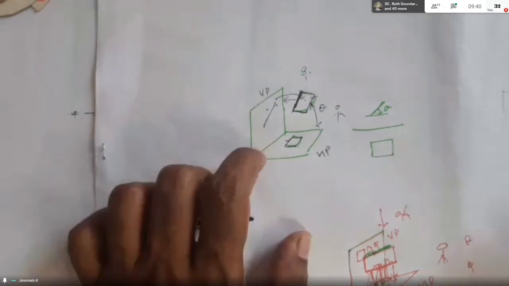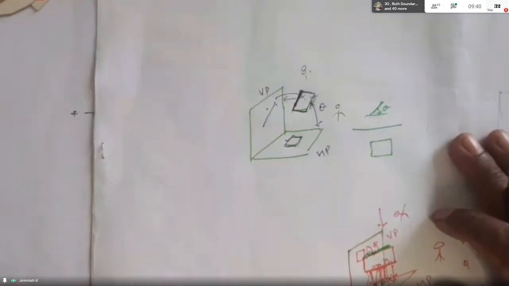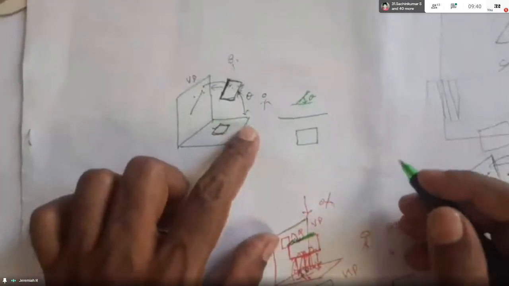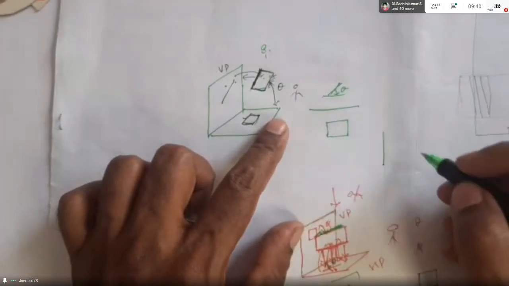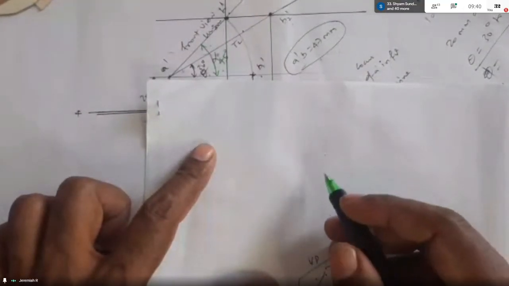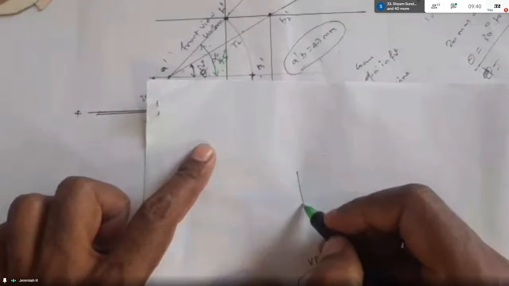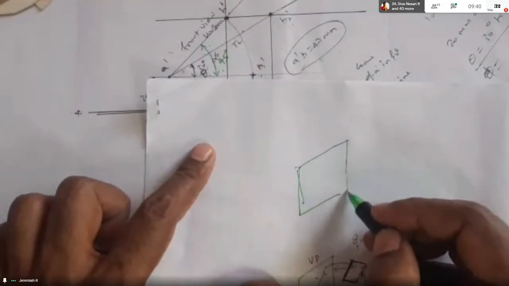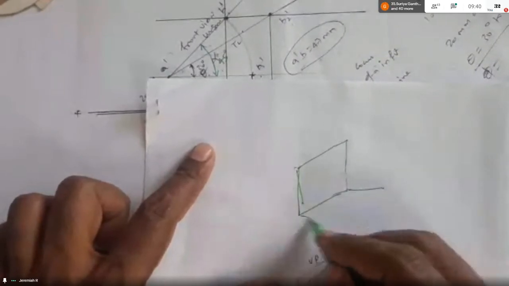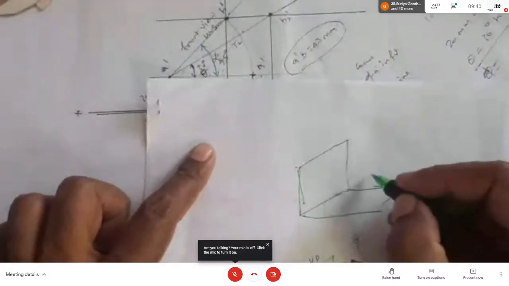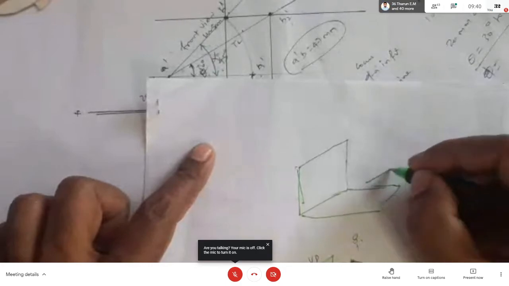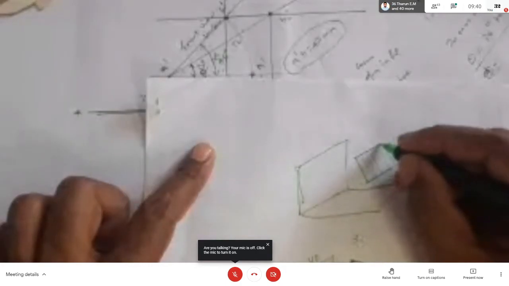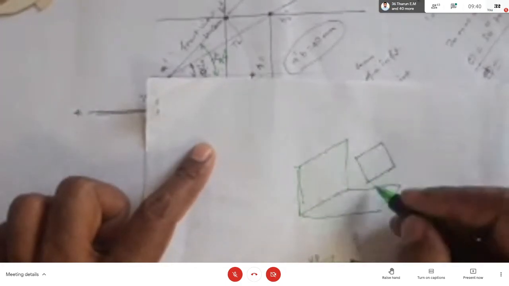Okay. So inclined to both HP and VP, like this. So this is a square.